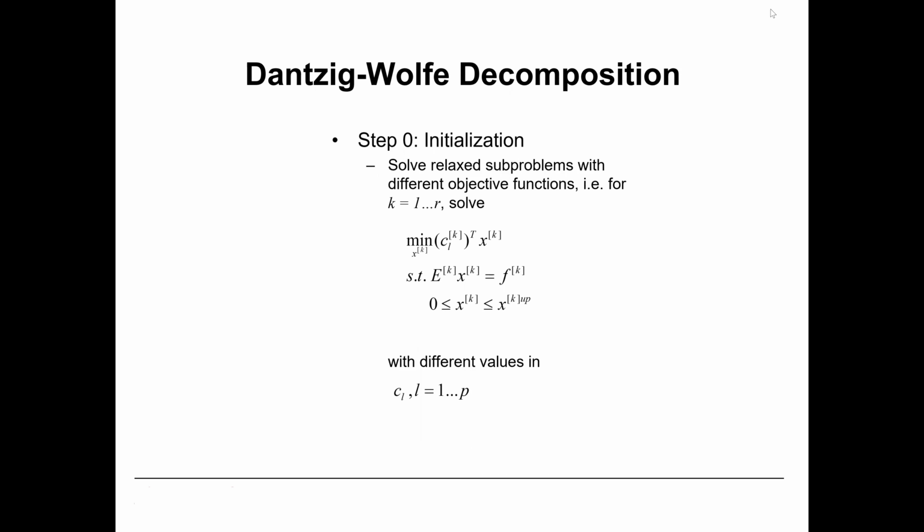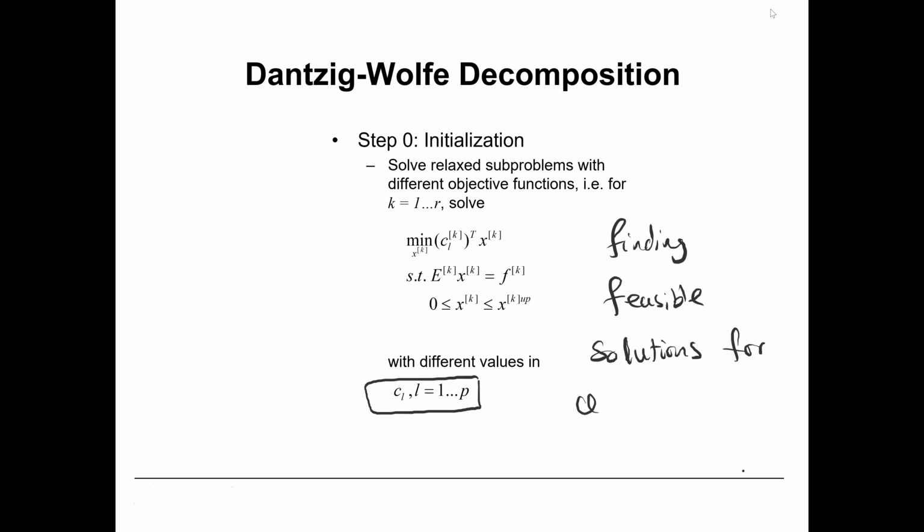We solve all of the subproblems with different objective functions, and we generate P feasible solutions. So finding feasible solutions for all subproblems.